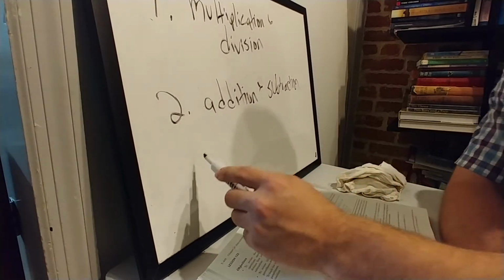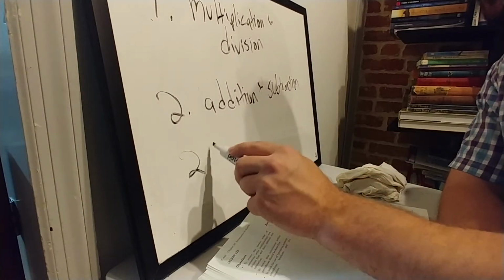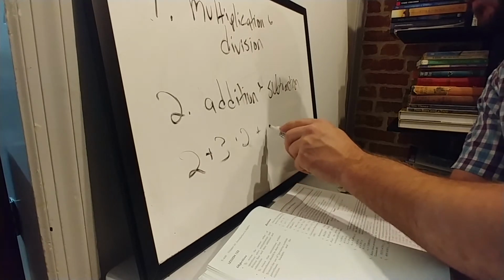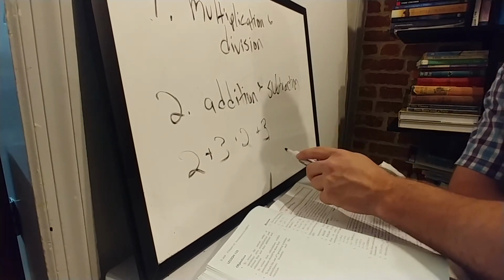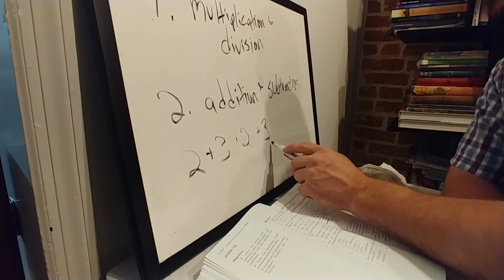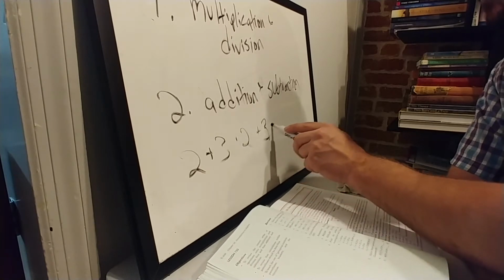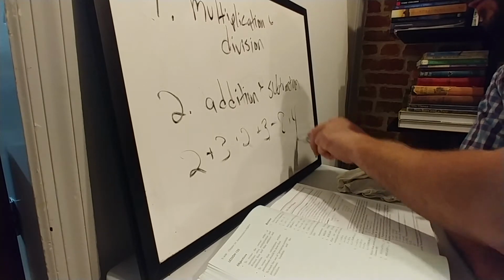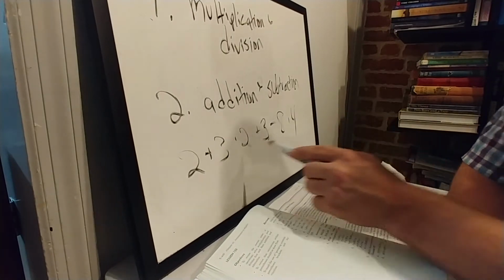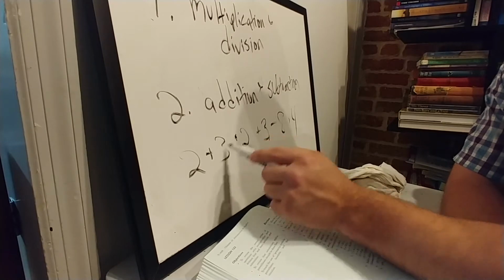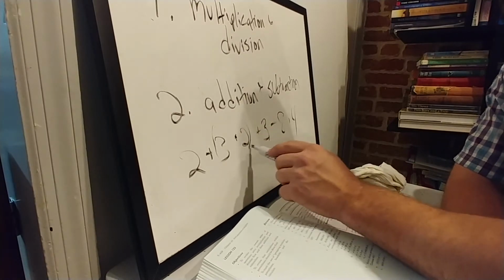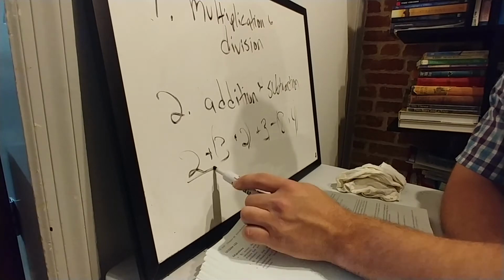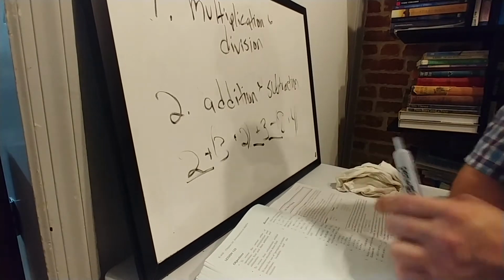So if you have 2 plus 3 times 2 plus 3 minus 8 times 4, you would go first through, this is the first you do this multiplication, then this multiplication, then you would go back through and do this addition, this subtraction.